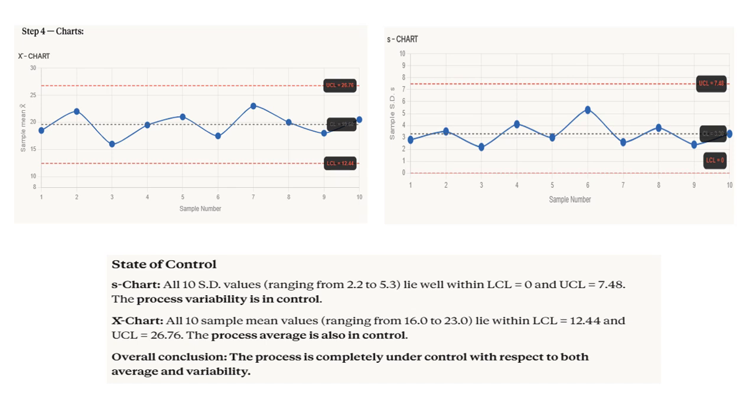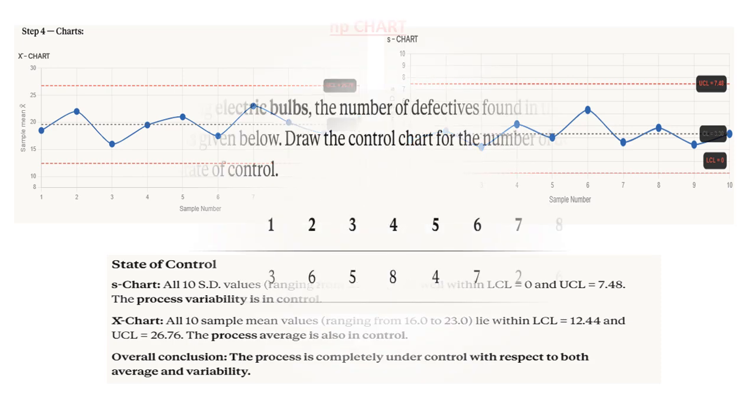Similarly, in the standard deviation chart, all the 10 standard deviation values lie within the lower control limit 0 and the upper control limit 7.46. Therefore, the process variability is also under control. So we come to an overall conclusion that the process is completely under control with respect to both average and variability.